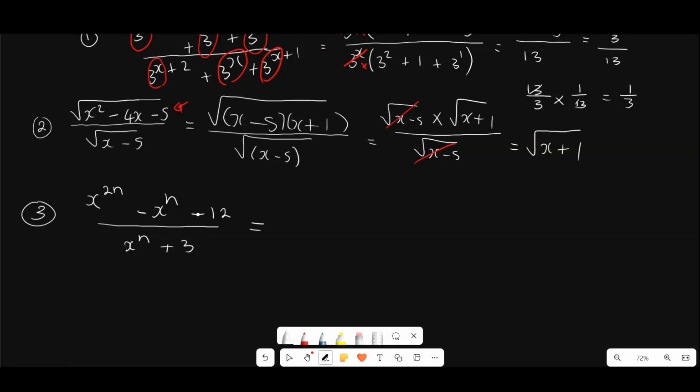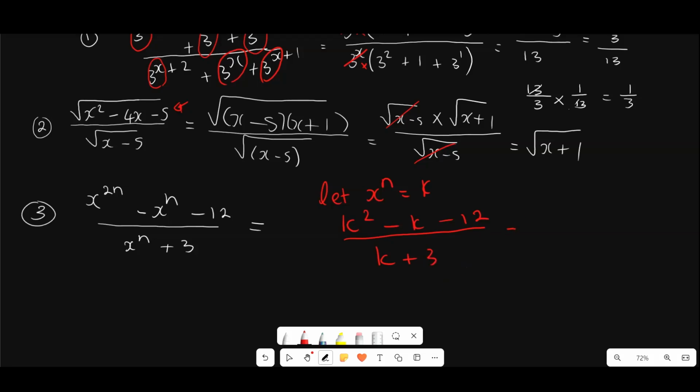With this one here, you notice that if I let x to the n equal k, then on my numerator I have a quadratic equation, right? And at the bottom I have k plus 3.